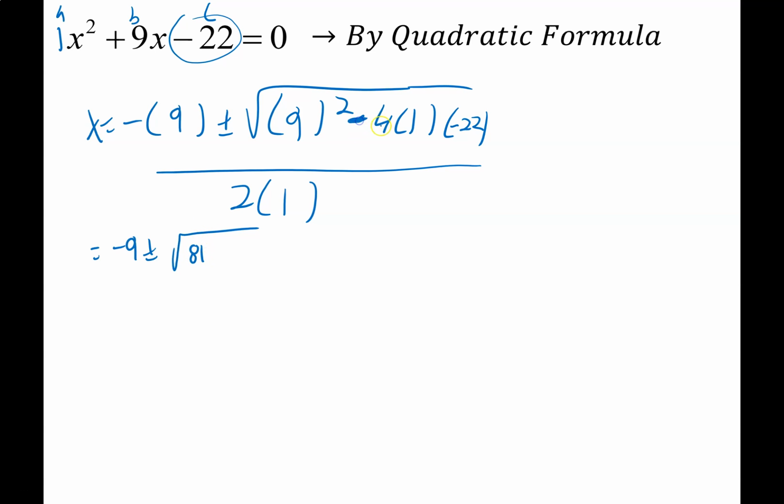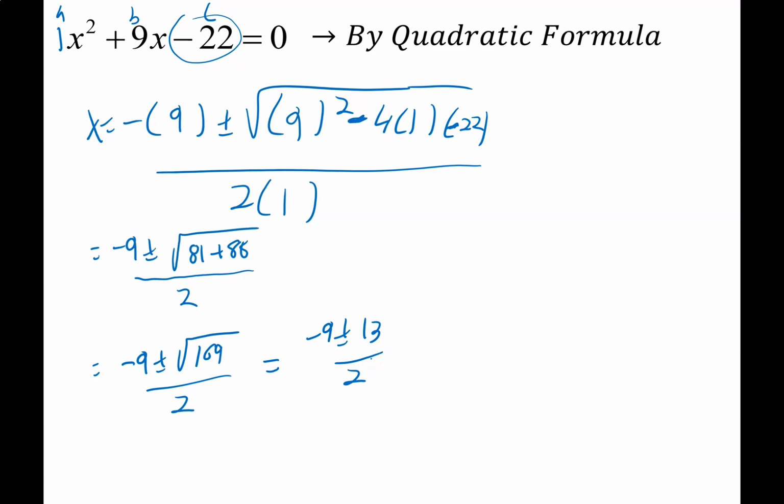I have a negative 4 times 1, which is negative 4, times a negative 22, which is going to be plus 88, all over 2. Which is negative 9 plus or minus the square root of 88 and 81 is 169. We dealt with that earlier when we were doing the completing the square, which gives me negative 9 plus or minus, again, root 169 is 13 all over 2.